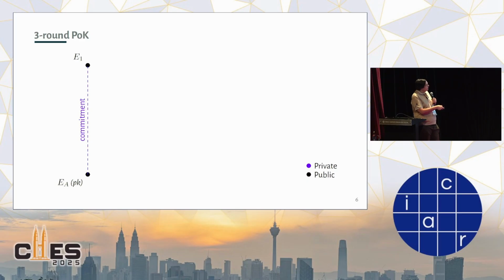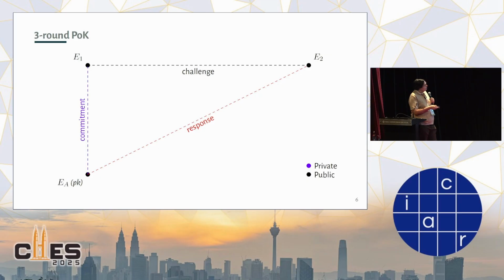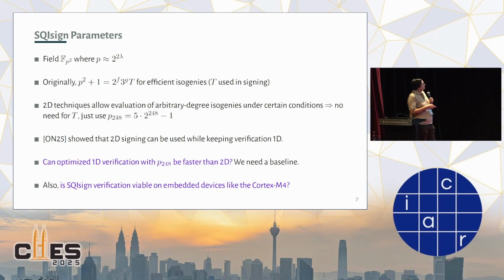You start with a curve EA, which is your public key, and you do a commitment isogeny to another curve, E1. Then the verifier comes, and based on your commitment, it tells you another isogeny that takes you to a challenge curve E2. And then the task of the prover, or the signer, is to produce an isogeny between its curve and the challenge curve. So that is basically how SQIsign works.